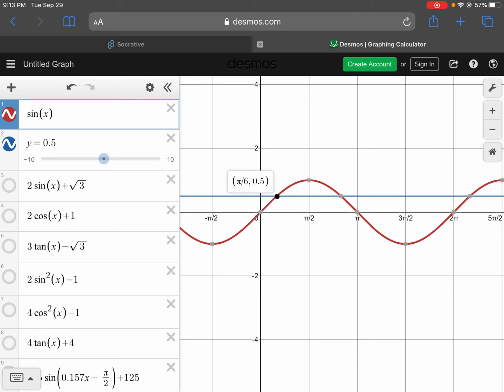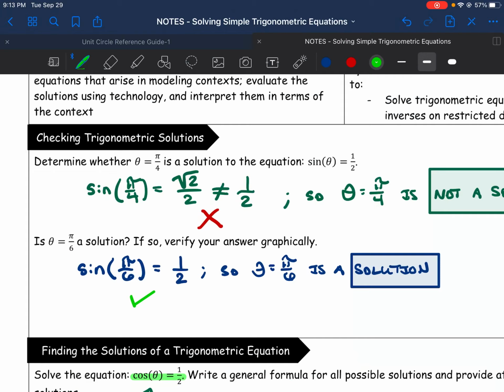So we can see right here at pi over 6, the sine of x is equal to 1/2. So that's one way that we can check that graphically.